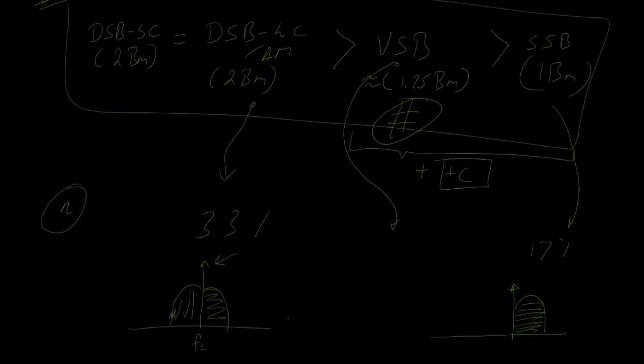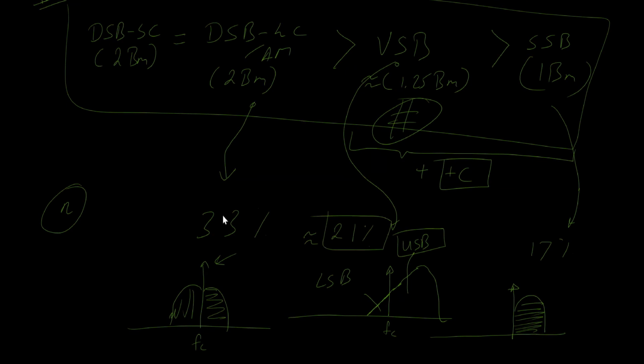And if we link it with VSB, now we have a carrier at fc, but we have some chunk of lower sideband and a major chunk of upper sideband, right? So this is in between single sideband and double sideband. Approximately you can say we would be consuming something like 20 to 21% of the power in the sidebands, and the remaining power will be used in transmitting the carrier signal.